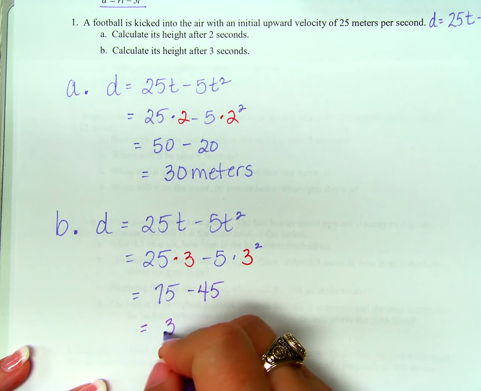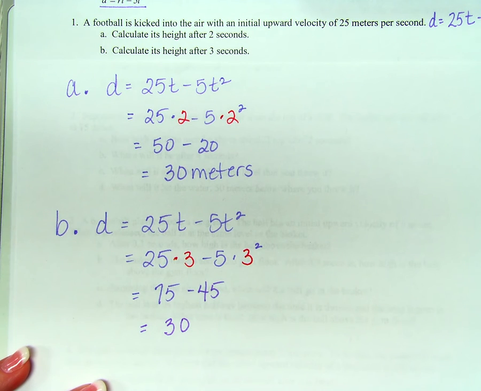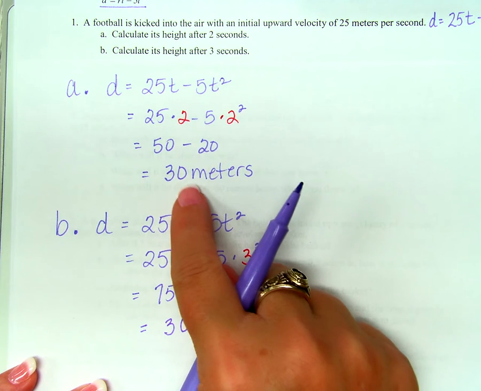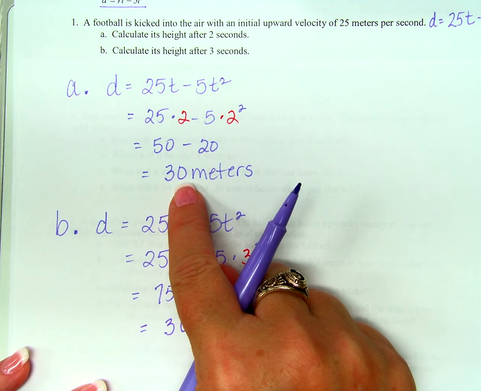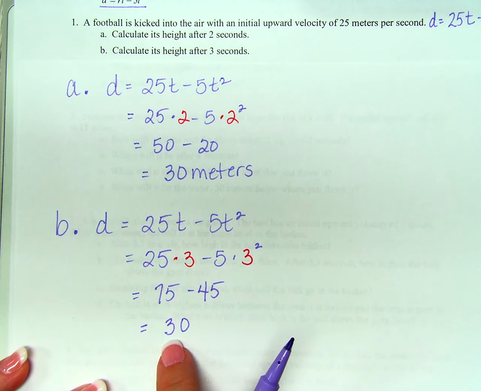What? 30? So we kick a football, and after 2 seconds, it's 30 meters above the ground, and then after another second passes, it's still at 30 meters above the ground? So you kick it up, and it goes horizontally for a second, and then goes back down?